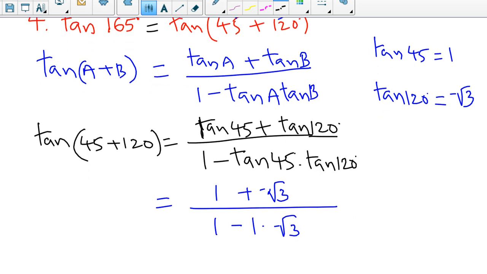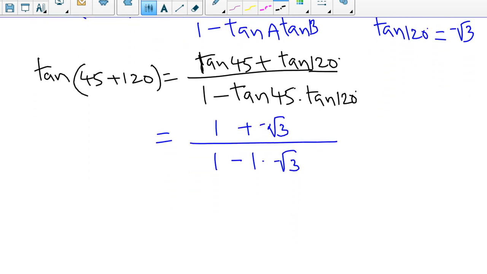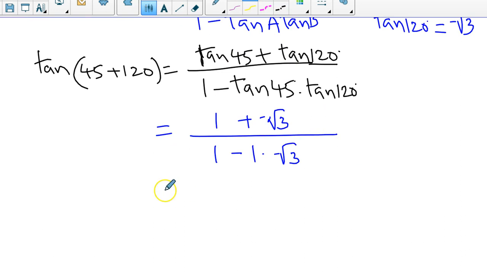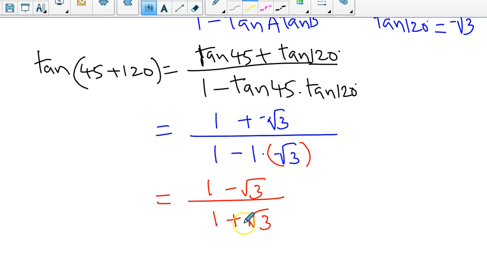Okay, then the next step, what happens, let us see. 1 positive times negative is negative, 1 minus negative root 3 over 1, negative 1 times this negative root 3 will end up with a positive root 3, or 1 plus root 3.